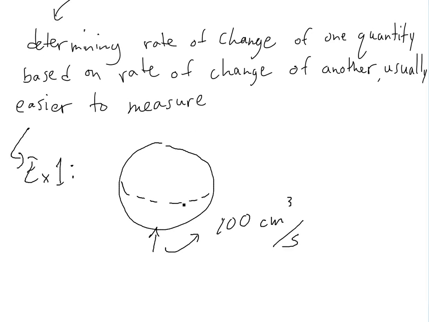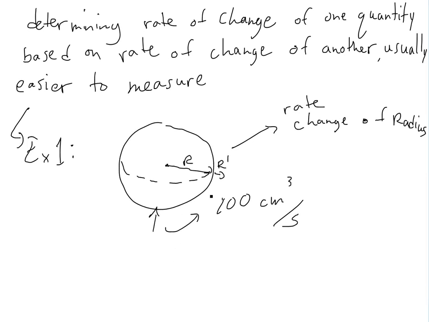So this is the volume changing, and you want to know how fast the radius, r, is changing, so r prime. The rate of change of the radius is hard to measure, whereas the volume is a bit easier to measure. If you were filling it with air, you can easily measure the amount of air you're sending to it, but the radius is hard.